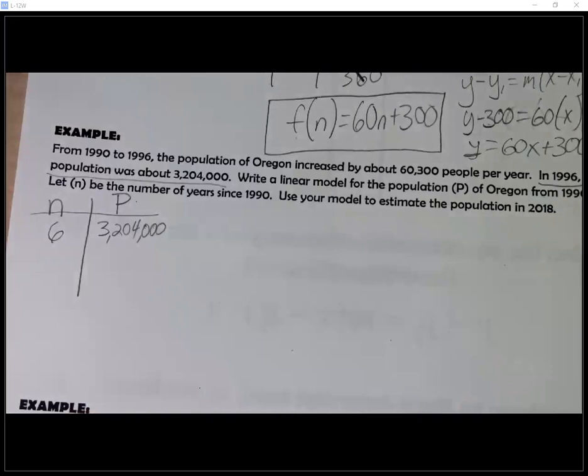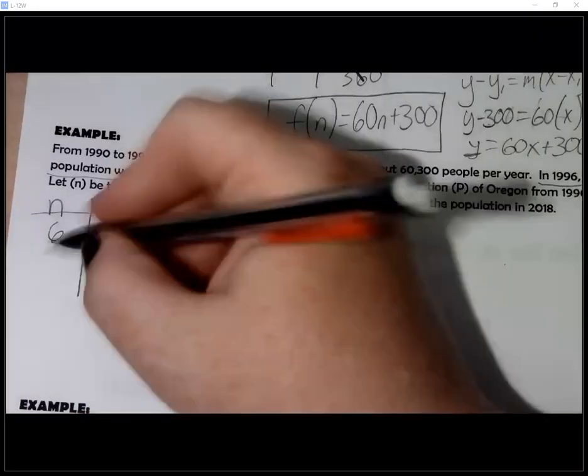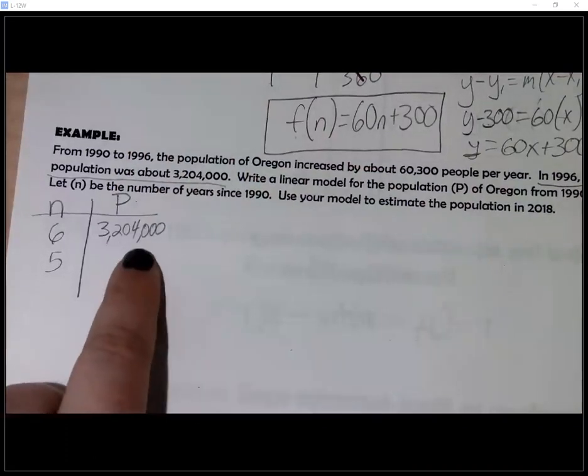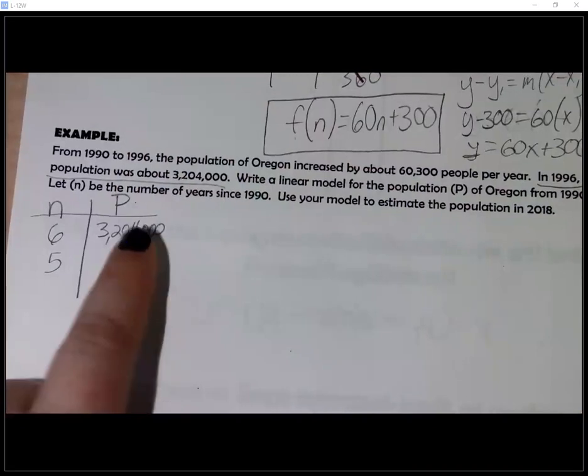Because I know every year I was growing at that steady rate. So let's just go back 1 year to 1995. They didn't tell me what it was in 1995, but they gave me enough information to figure it out. So couldn't I, ladies and gentlemen, just take this total and subtract away from it 60,300 to get the number of people in 1995?